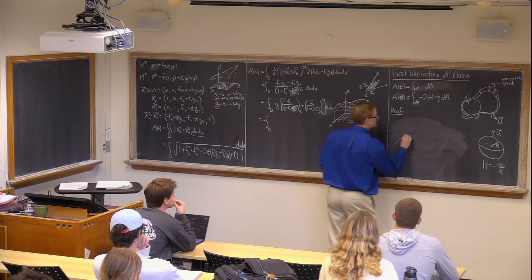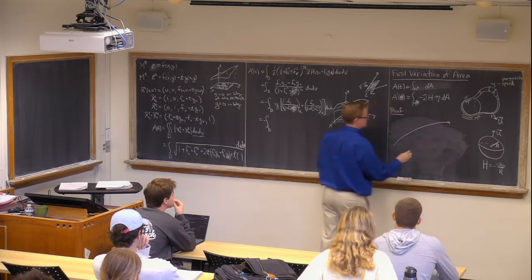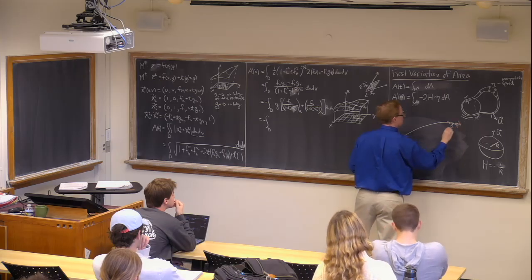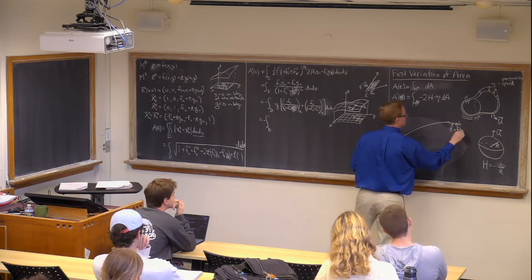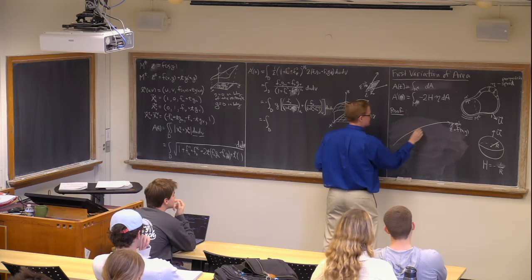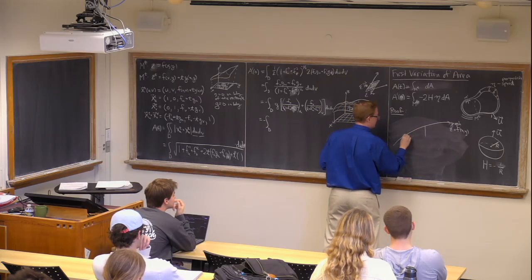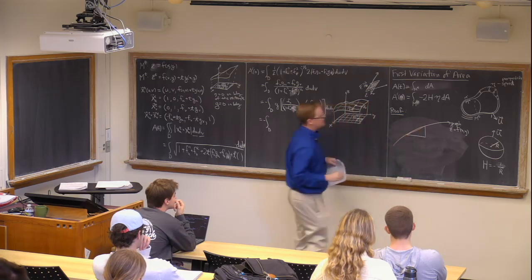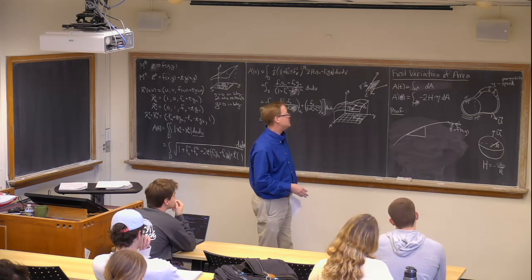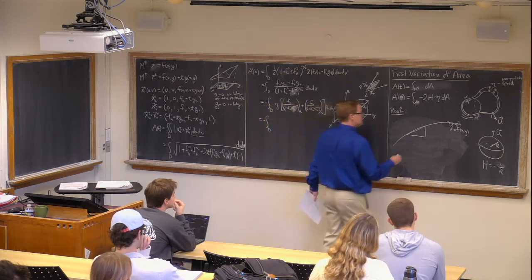Imagine you have, this is your graph right here, okay? This is my graph, the graph of z equals f of x comma y, right? And I'm just trying to make it as straight as possible here for a second. So you kind of have a triangle there, right? The more and more you do an approximation.